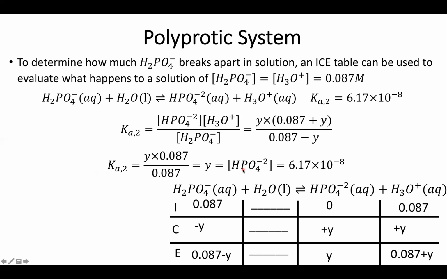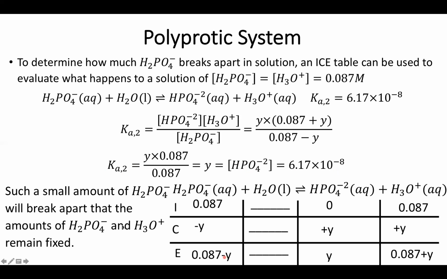So this will actually be true for most diprotic systems. Because the loss of the second proton is fairly minimal, the concentration of your second conjugate base will be equal to the second Ka. In this case, very low concentration at about 6.2 times 10 to the negative 8th. Yep, that was definitely small enough to ignore.